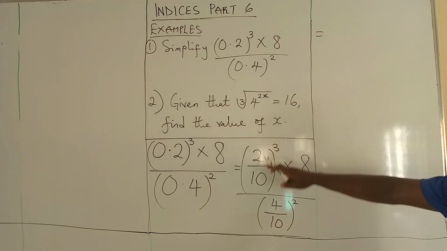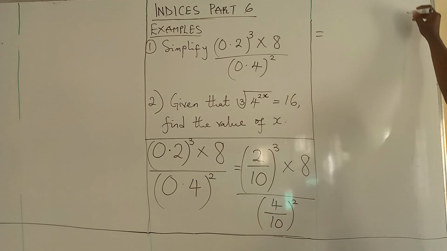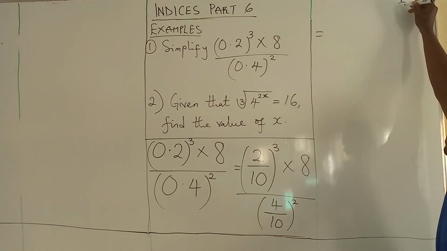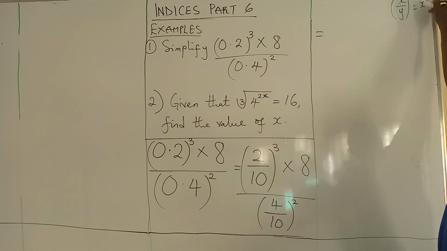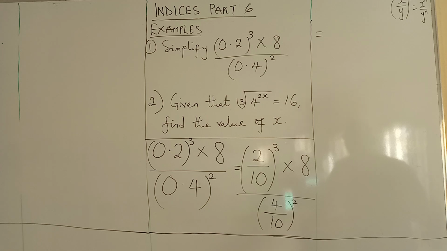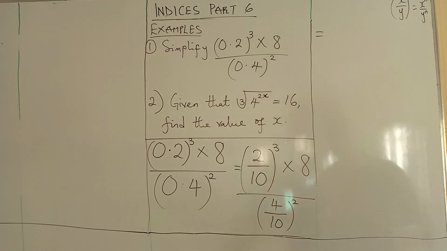you can reduce this to the lowest terms first, or you take in the power. Recall from our knowledge of indices, if you have an expression like x over y raised to power n, it is the same thing as x to power n over y to power n. So this can be expressed as 2 raised to power 3 over 10 raised to power 3.